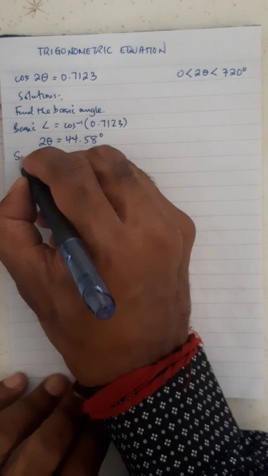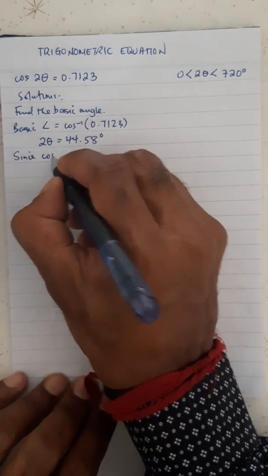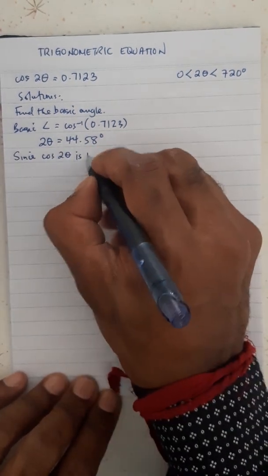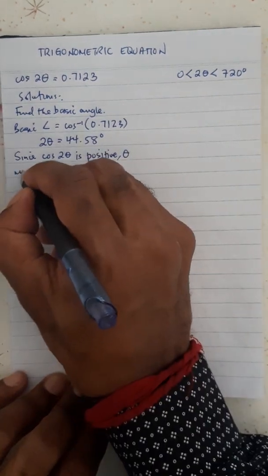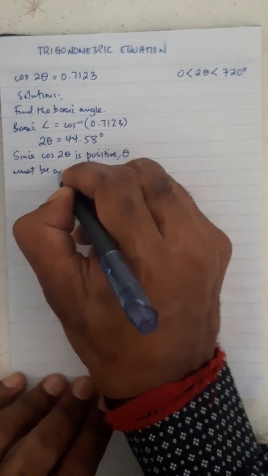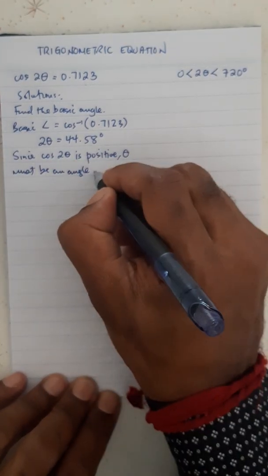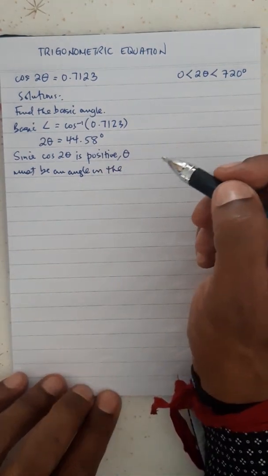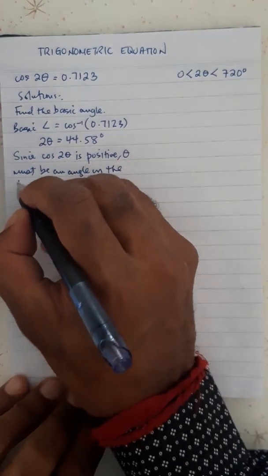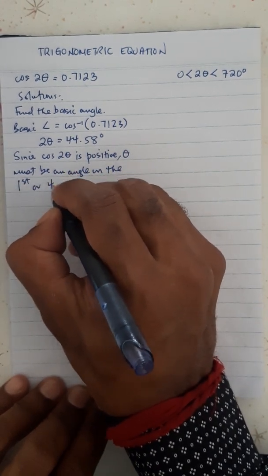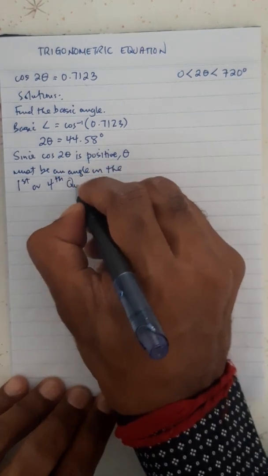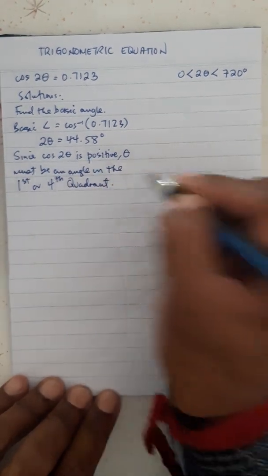The next step is to decide where the angles will be found in the different quadrants. So we state that since cos 2 theta is positive, theta must be an angle in the first or fourth quadrant.